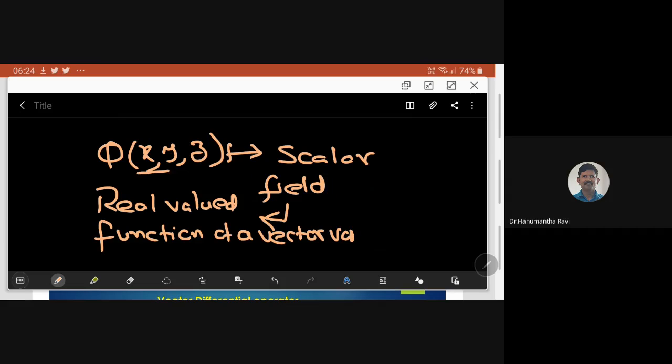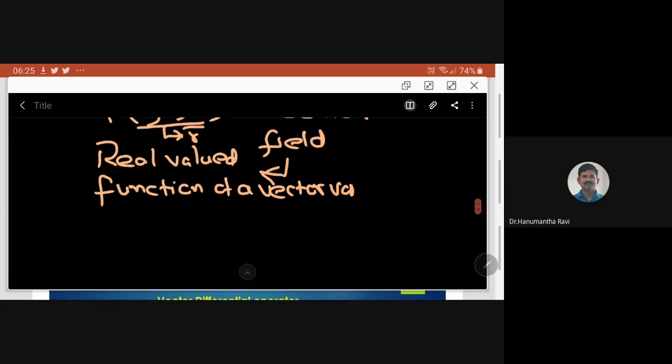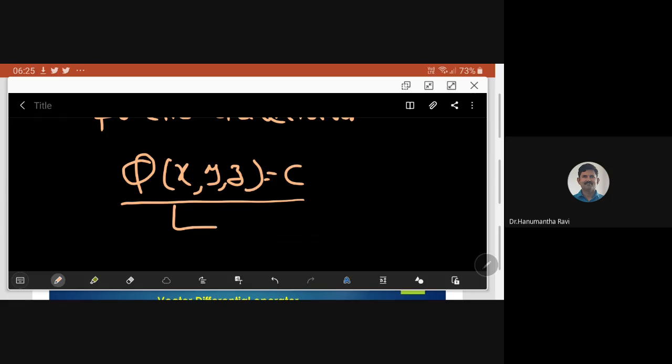Please remember that this can be viewed as phi of r bar. Whenever you are talking about something like this, it is also known as a level surface. It represents a surface in three space.